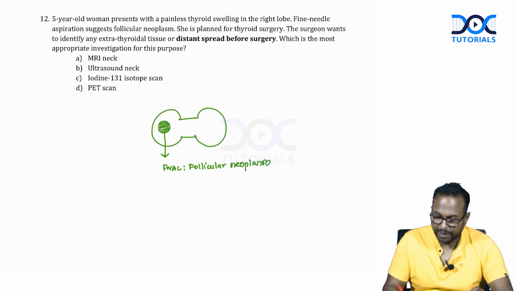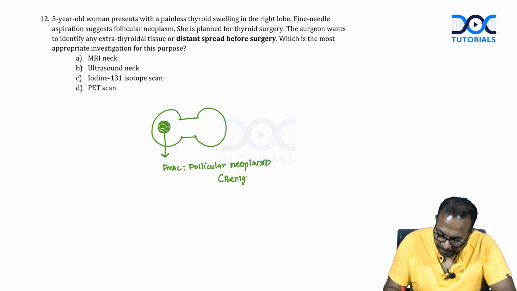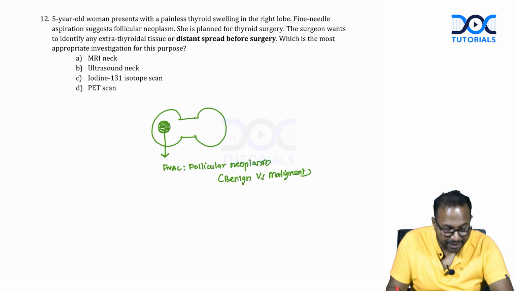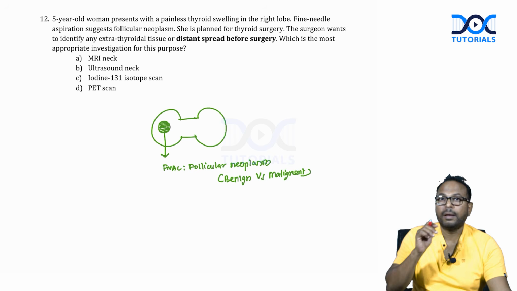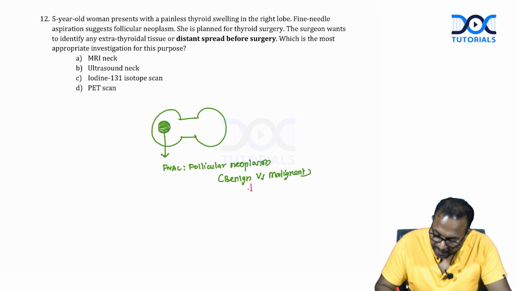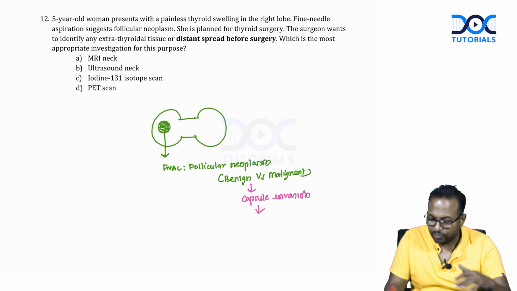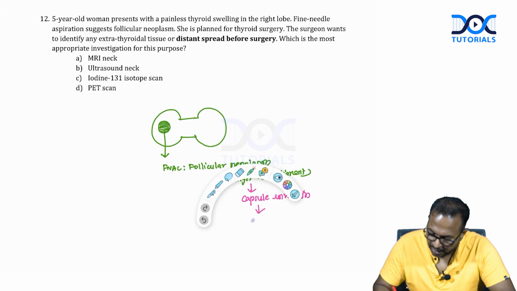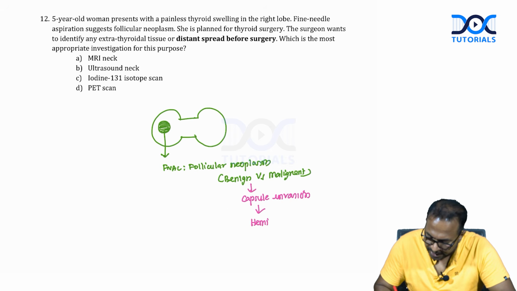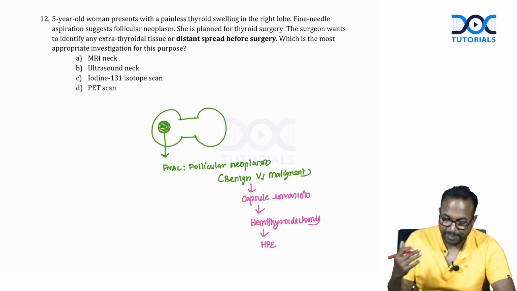It cannot differentiate benign versus malignant, because the concept of benign or malignant is purely based on capsular invasion. Therefore we cannot find out from FNAC whether it is benign or malignant. Hemithyroidectomy is needed: remove the gland, then send the specimen for histopathological examination, which is the way to find out whether it is benign or malignant.